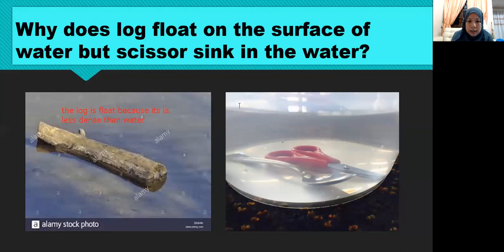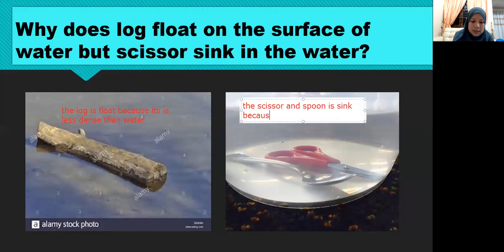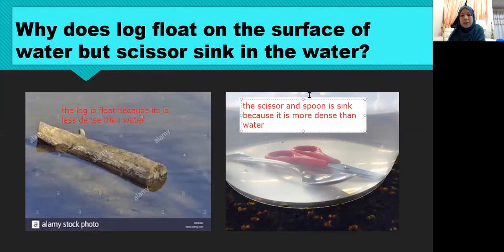Okay, while here, as you can see, the scissor and spoon sink because they are more dense than water.